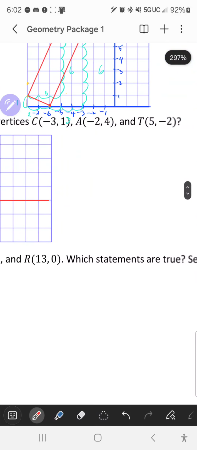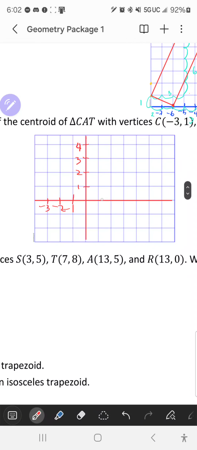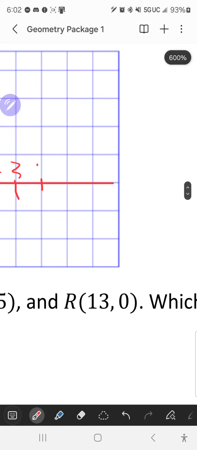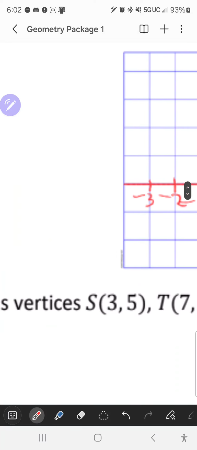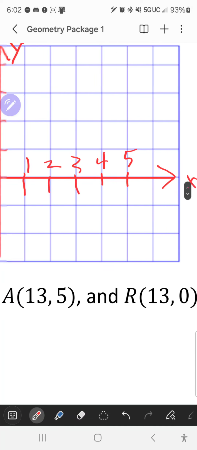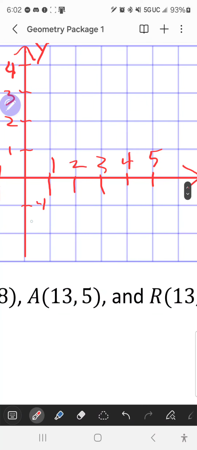Please tell me I'm good with this. Yes. 1, 2, 3, 4, 5. The Y is the X and this is -1, -2.